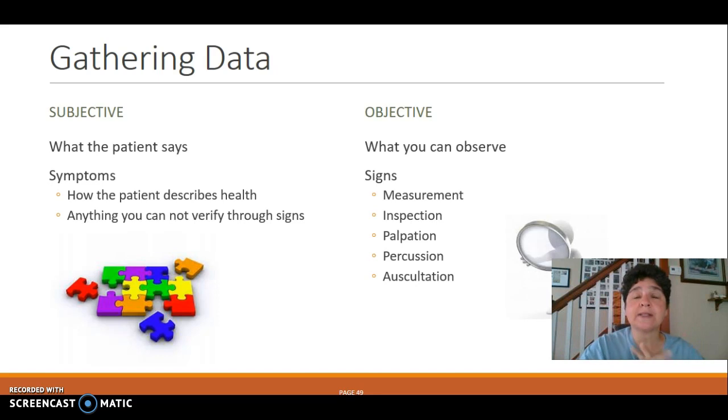It could even be measuring the size of a wound, or the circumference of a waist, or the circumference of a calf because they have swelling in their leg. Inspection is looking. These are things that we are looking at. So we're inspecting for these things. So we're looking for particular things.